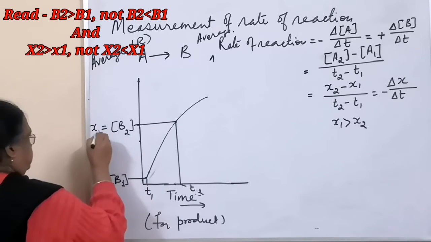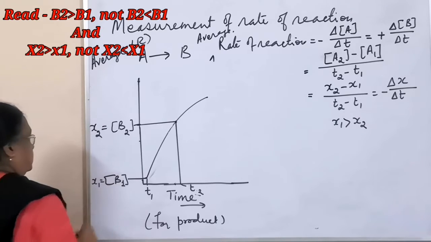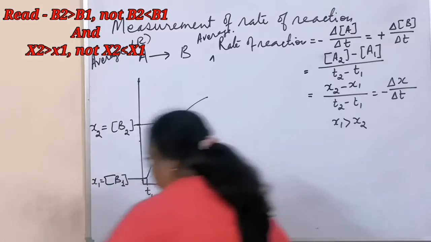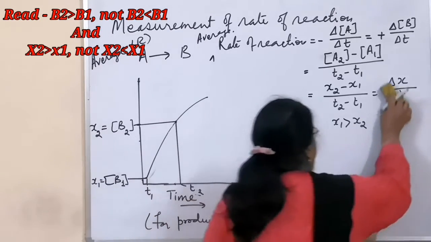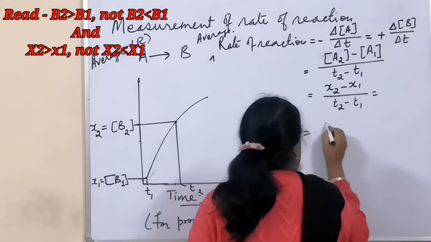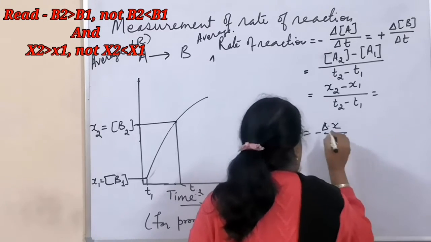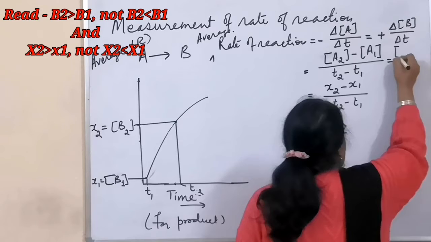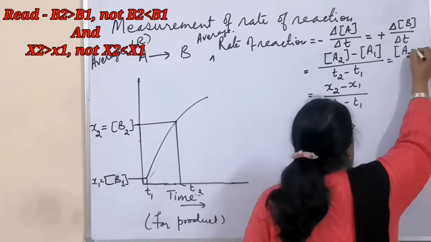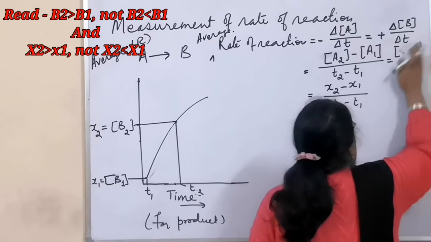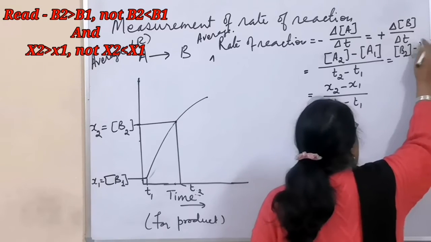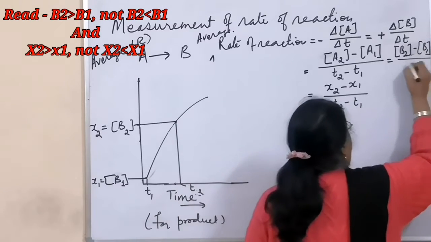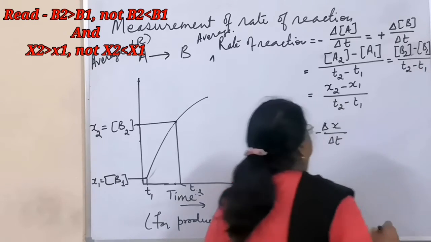If this is your X2 and this is your X1, then when we write in terms of the product, it is delta X upon delta T. So I will have concentration of B2 minus concentration of B1 upon T2 minus T1.